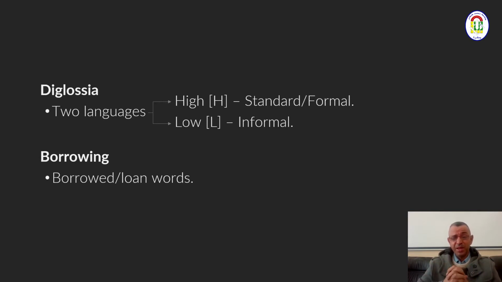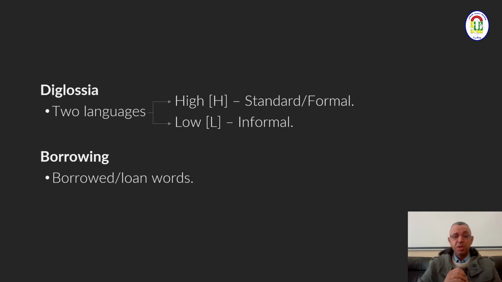For example, in Arabic, we have the formal Arabic, the standard language that we use in education, in schools, in administration, official documents, and there is the informal language, the language used in everyday conversations.